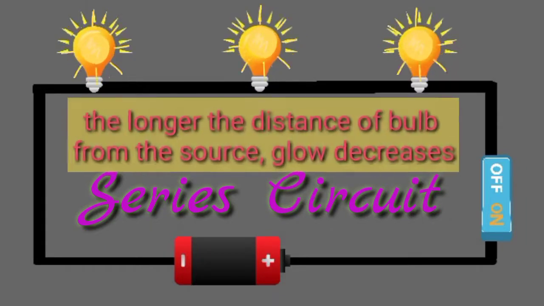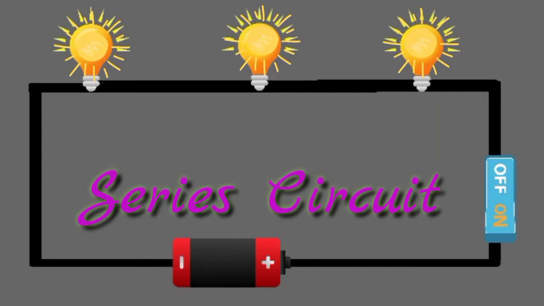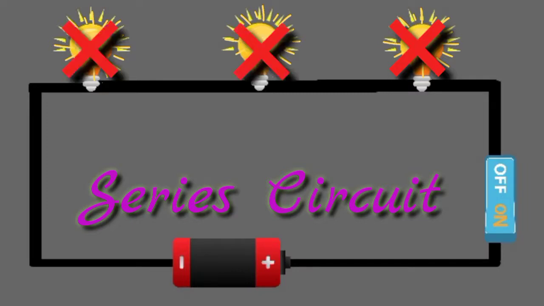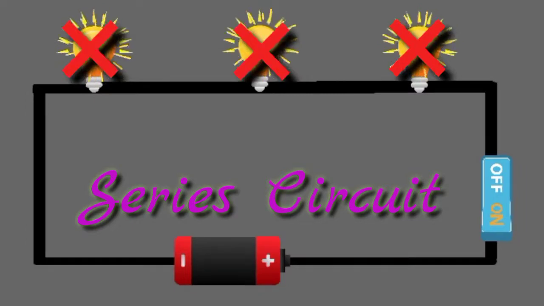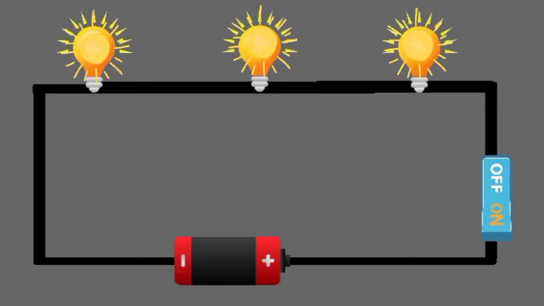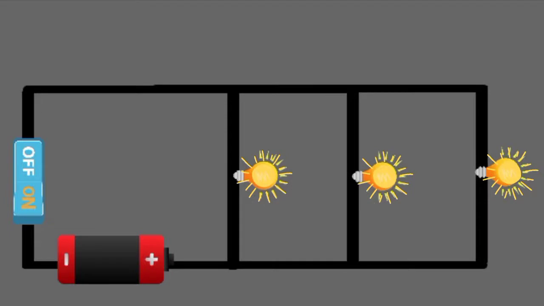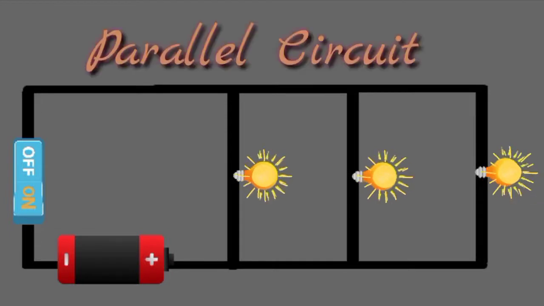The longer the distance of a bulb from the source, the glow of the bulb also decreases. Once one bulb gets busted, the remaining bulbs will no longer glow. This is a diagram of a series circuit. Example, Christmas holiday lights.